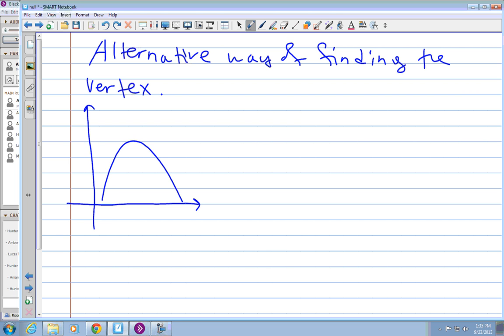And the way I drew it, I threw it from the ground level. So here's a question for you. This axis would be the time, and this axis would be a position.